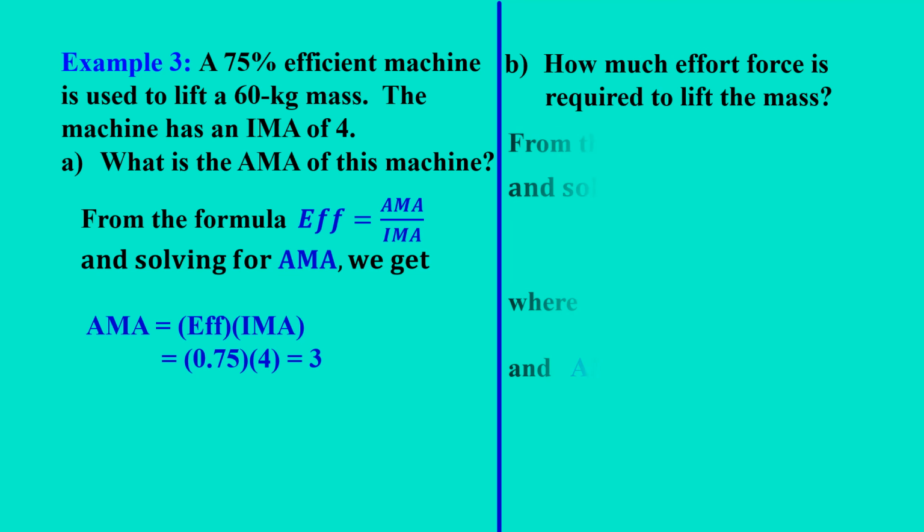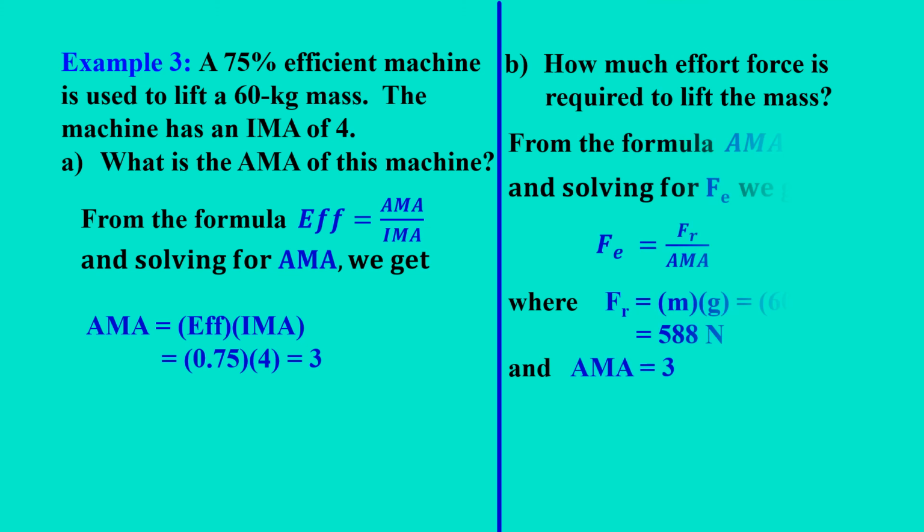How much effort force is required to lift the mass? From the formula, AMA equals F sub R over F sub E, and solving for the effort force F sub E, we have F sub E equals F sub R over AMA, where F sub R is the load in newtons.